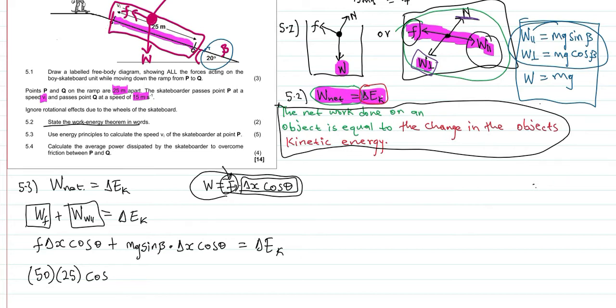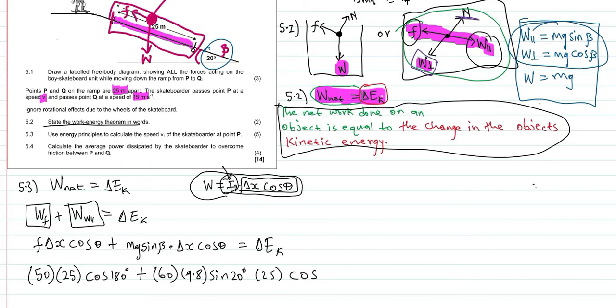Since this is friction, friction is always opposing the motion, hence we have 180 degrees. The mass we were given is 60 kg. We have 9.8 sine of 20 degrees, times 25 cos.